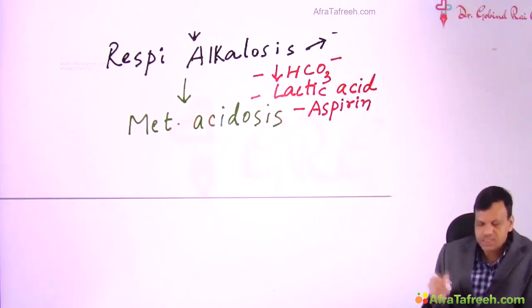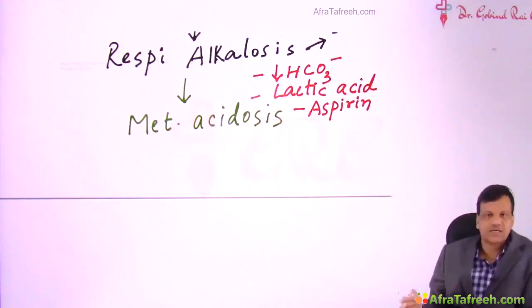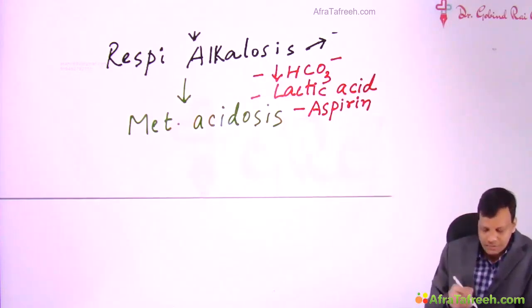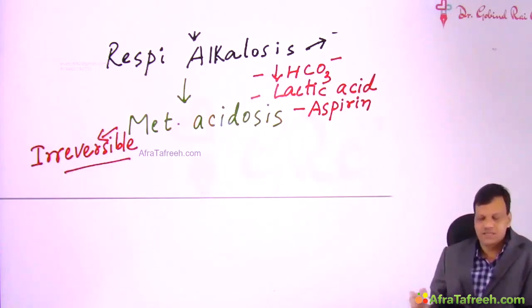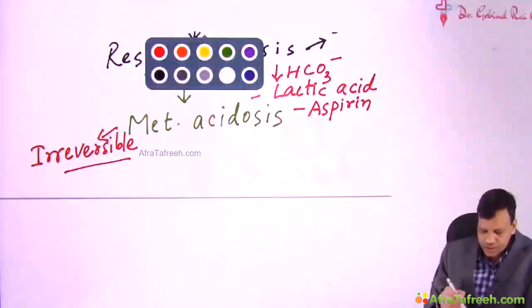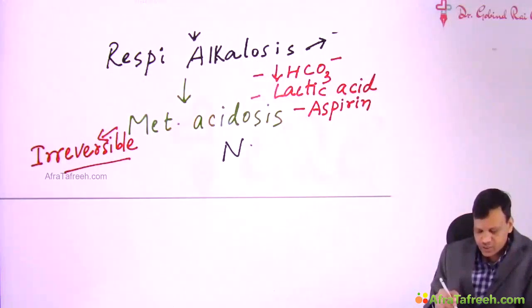Due to all these reasons, metabolic acidosis occurs, and metabolic acidosis is irreversible. It will not automatically resolve, and this is very dangerous. The person can develop severe dehydration. So we need to treat metabolic acidosis, and obviously to treat acidosis we will give sodium bicarbonate.